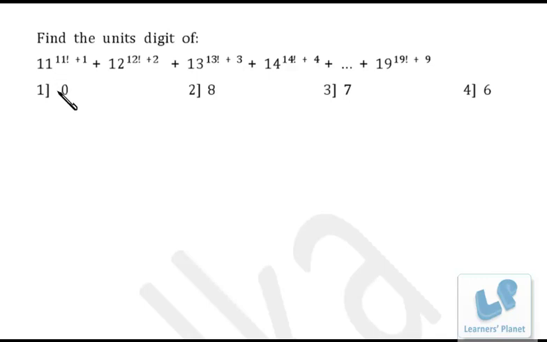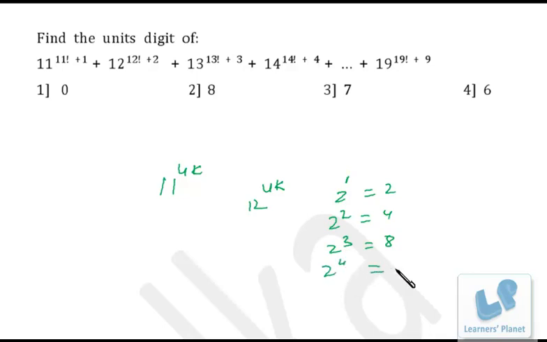That means, see, any number, suppose it is 11 raised to 4k or maybe 12 raised to 4k, right? If we go by the cyclicity of the power, what happens when the power is a multiple of 4? Suppose I take the example of 2. 2 raised to 1 ends in 2, 2 raised to 2 ends in 4, 2 raised to 3 ends in 8, 2 raised to 4 ends in 6. Further the cycle repeats for 2 raised to 5, 6, 7, 8, 9, 10, 11, 12, right?